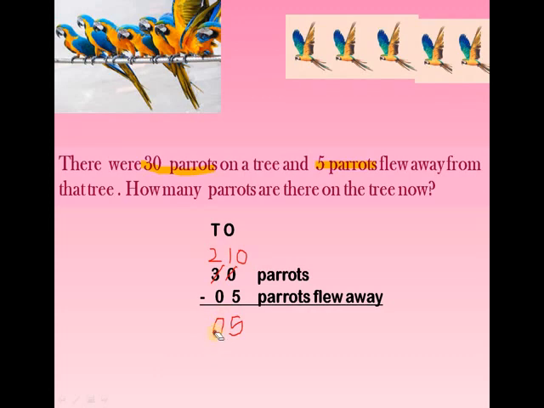You have to tell me whether I'm right or wrong. Very nicely said. So that means you're following perfectly. Your answer is 2. Yes, 25. Very nice, intelligent people. 25 parrots are there now on the tree.